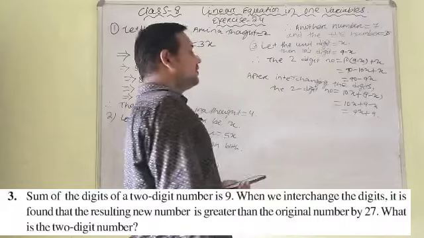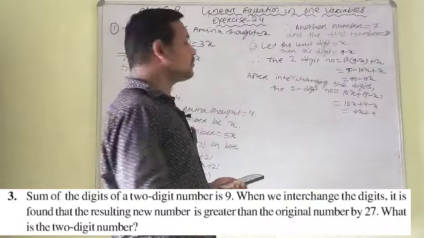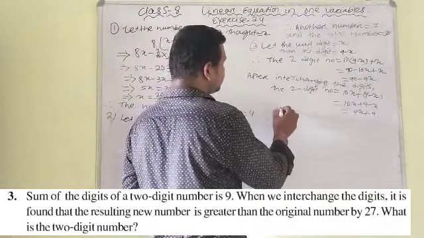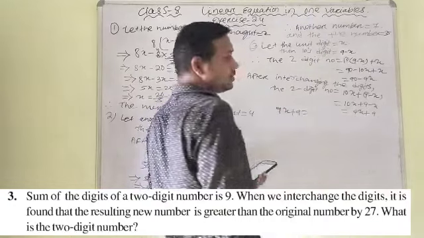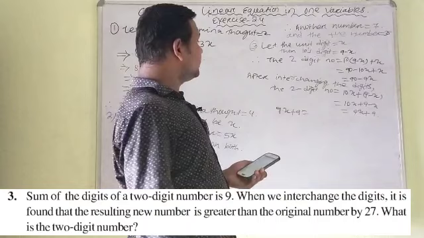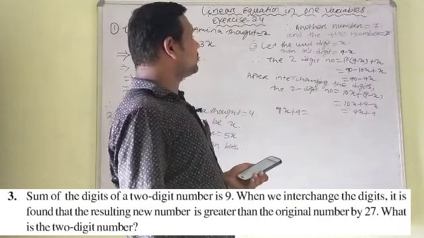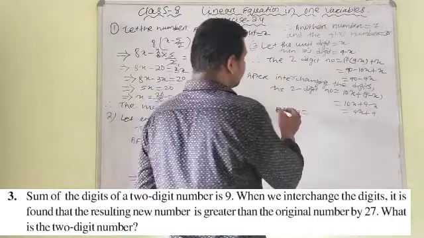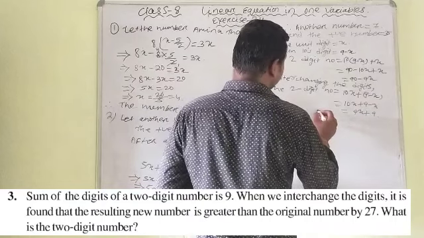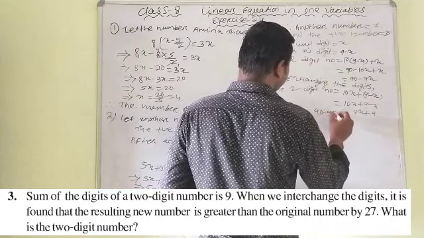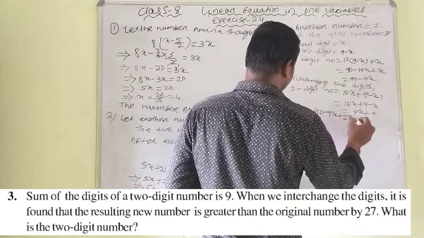Okay, it's given the new number differs from the original number by 27. So we will write 9x plus 9 is equal to 90 minus 9x plus 27.